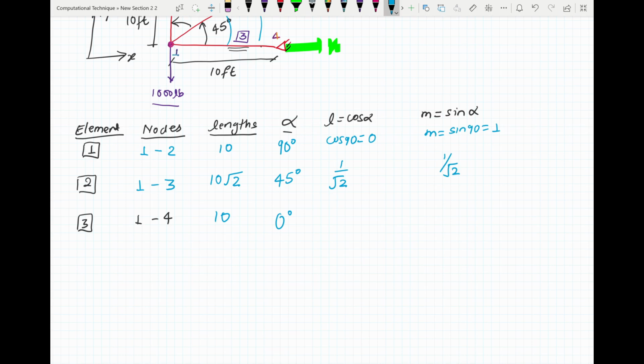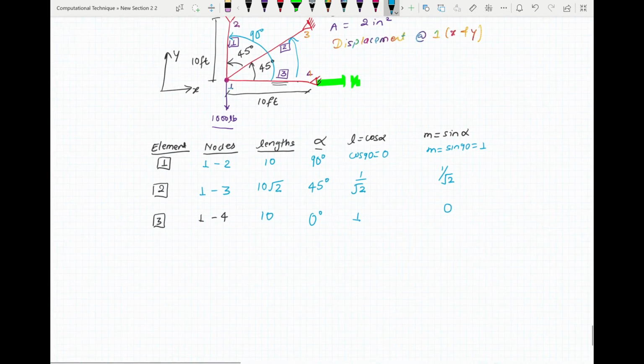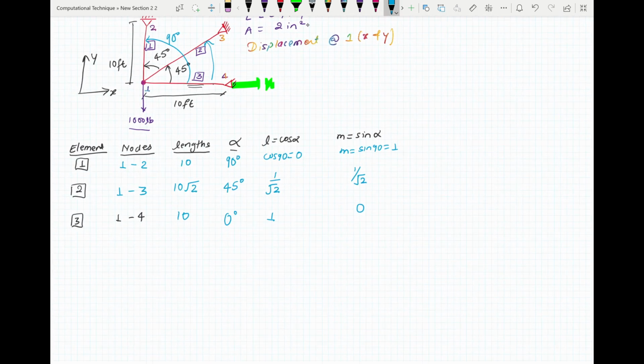Now your L, cos, will be equal to 1, and your M, sine, will be equal to 0. Now these are your values for each of your members. Now we have to form our stiffness matrix for each of these elements and then combine them together to form the global system.